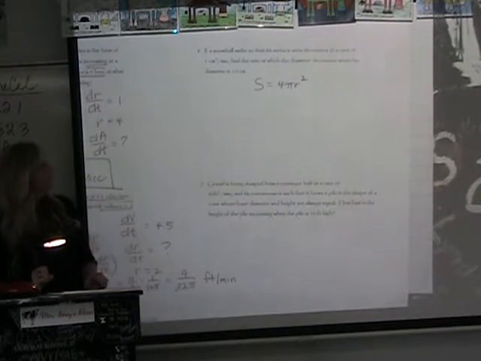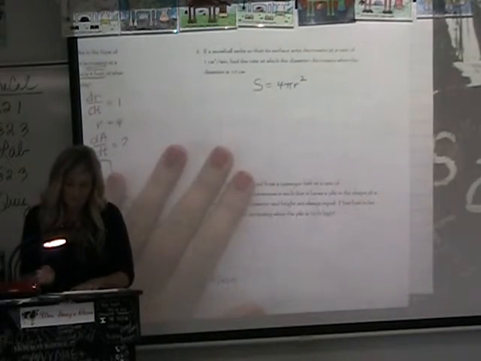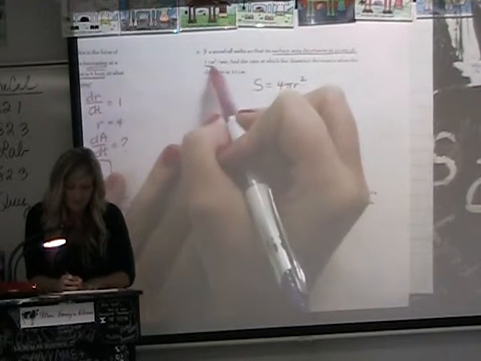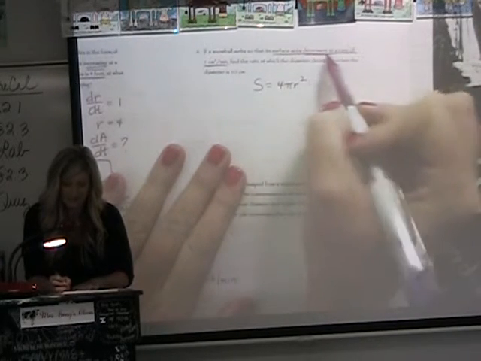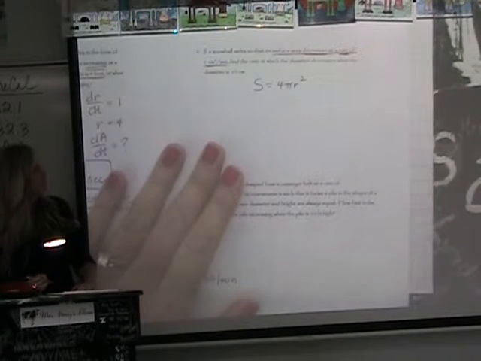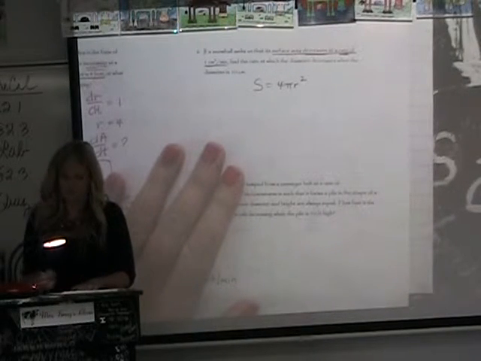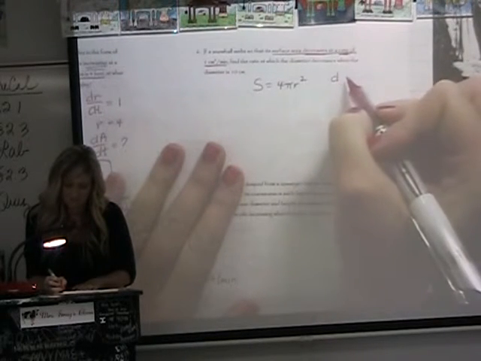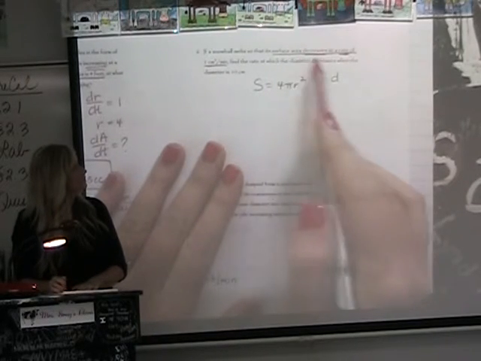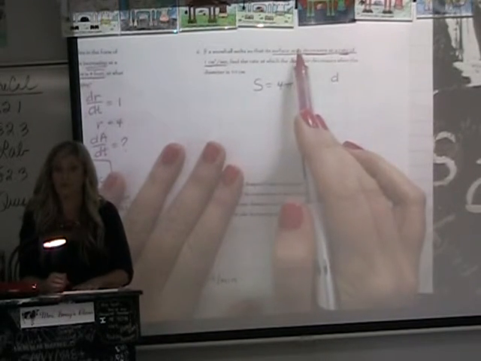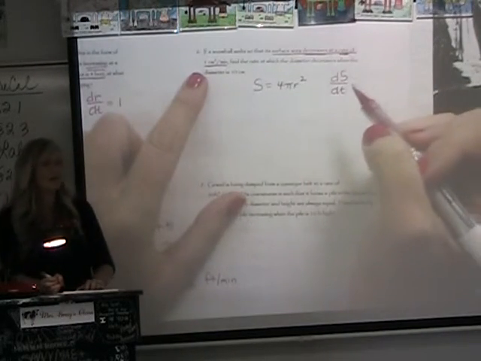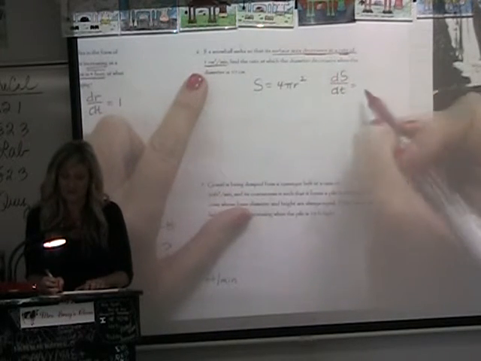All right. Now let's talk about what we know. It says the surface area decreases at a rate of 1 centimeter squared per minute. Keyword here being decreases and, of course, rate. So what would that mean in math symbols? dS by dt equals 1, but since it's decreasing, we're going to say negative 1.